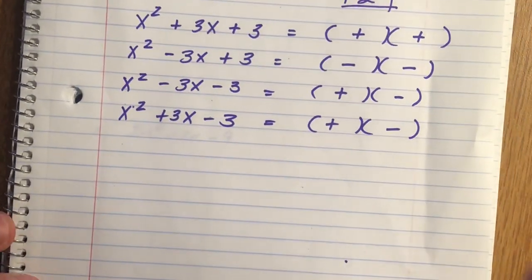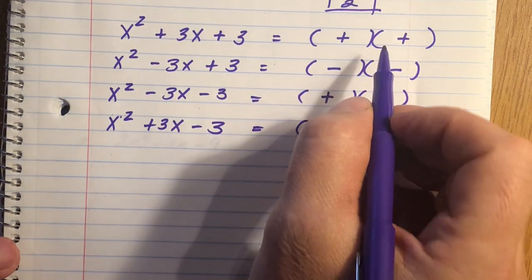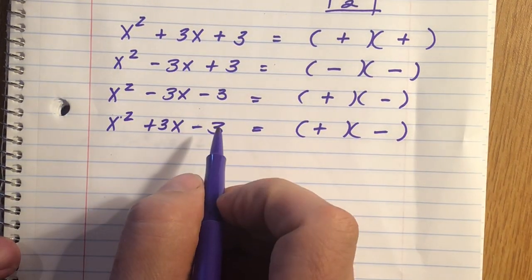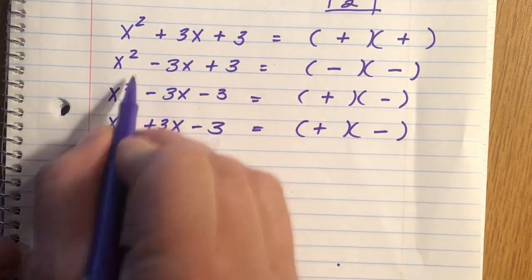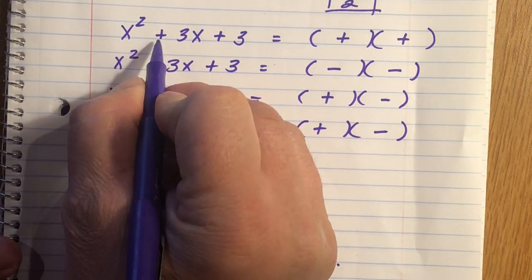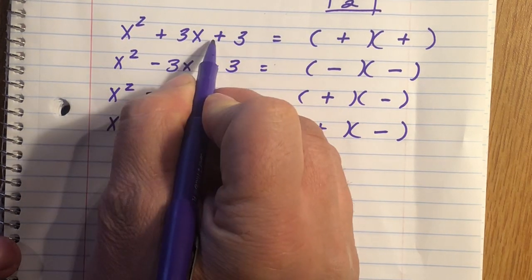One more thing I wanted to show you before we get started. Look at this: we have four different situations, representing four different ways we can write a trinomial. The first one is a positive B term and a positive C, so plus, plus.